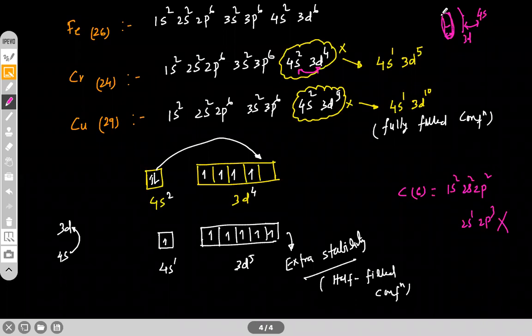Yes, only these two cases we have as exceptions, chromium and copper, and that is why it is very important. It's not possible for s and f also. Only from s to d.